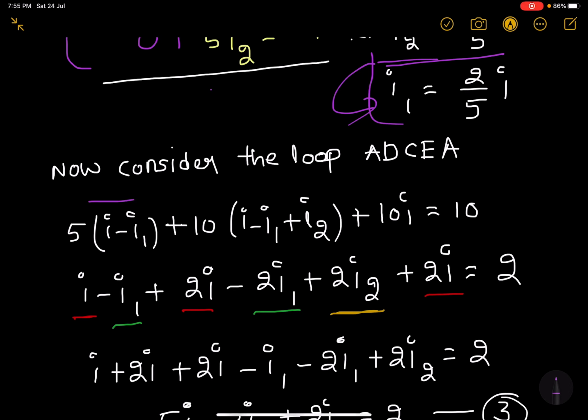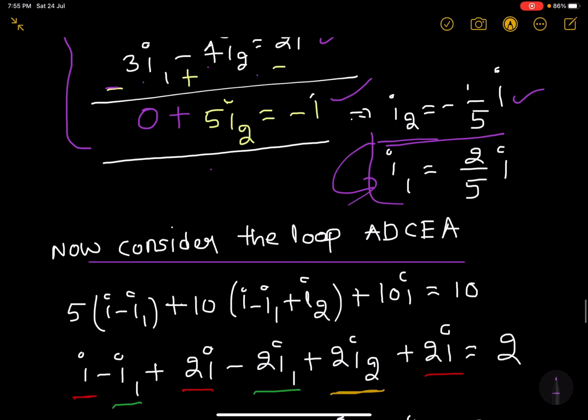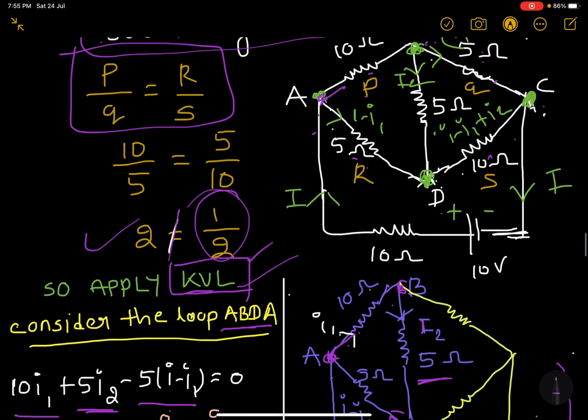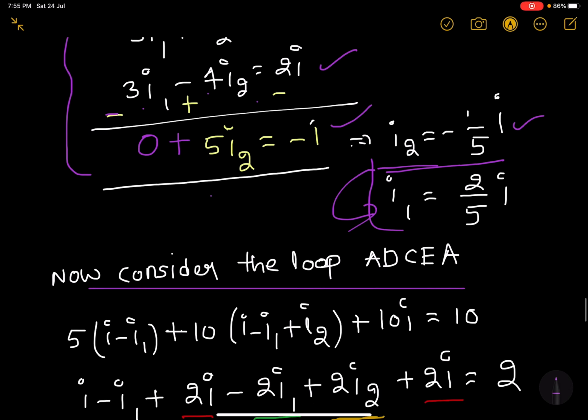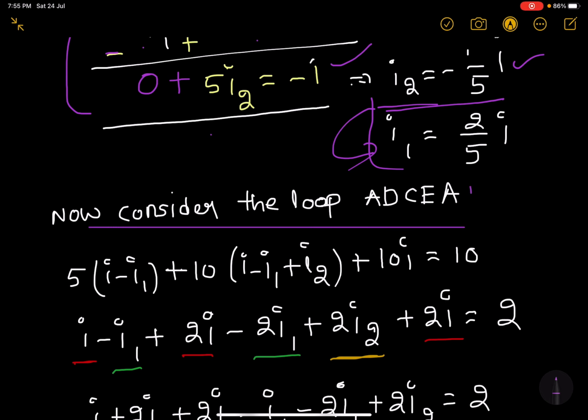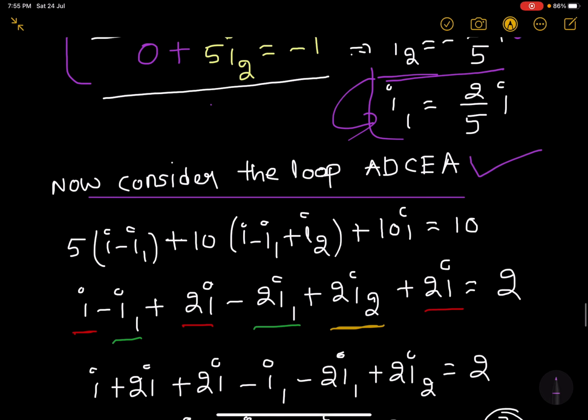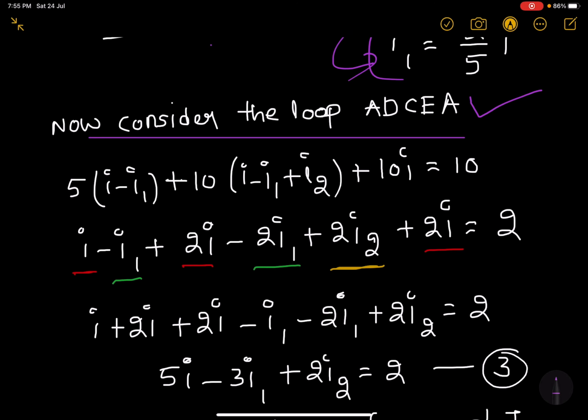Now consider the total loop A D C E A. Looking at the circuit, you will understand. The equation is 5 times I minus I1, plus 10 times I minus I1 plus I2, plus 10I, equal to 10.